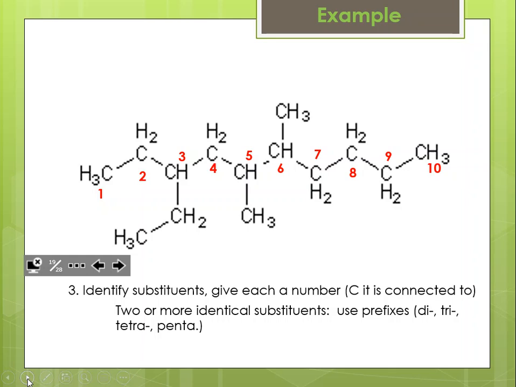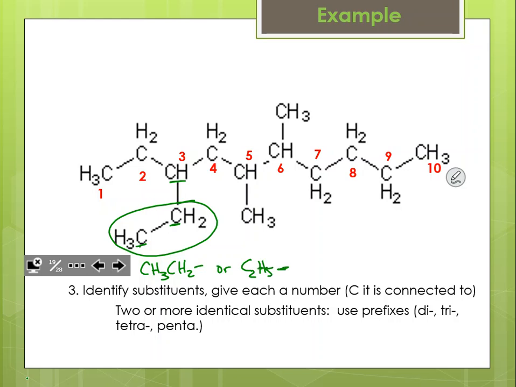So this one right here is off our 3rd carbon. This is our branch. 1, 2, so really this is like CH3, CH2, or if you look at the other chart, it's C2H5. In that particular case, 2 carbons is going to be an ethyl group. Now, how would we write this?